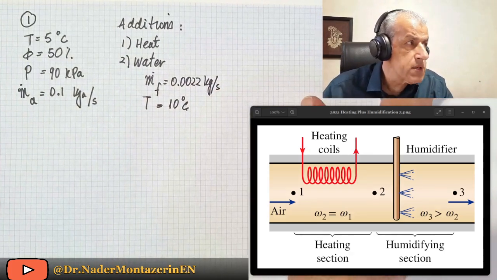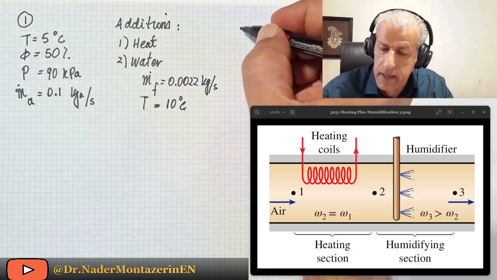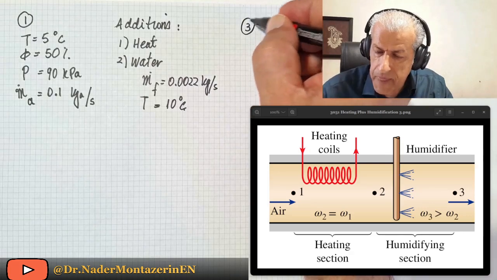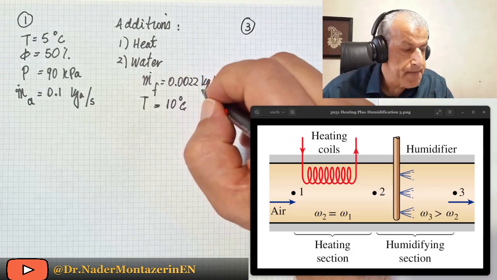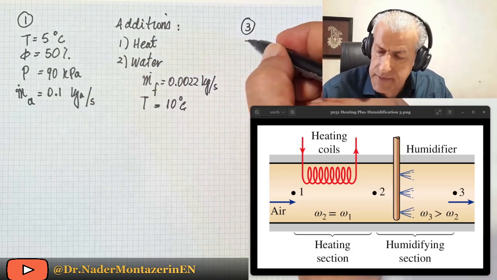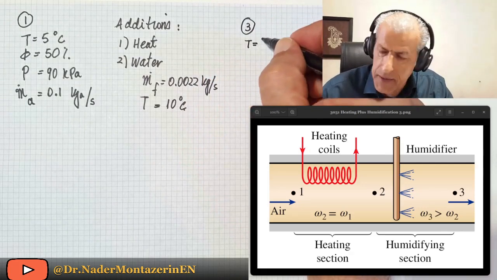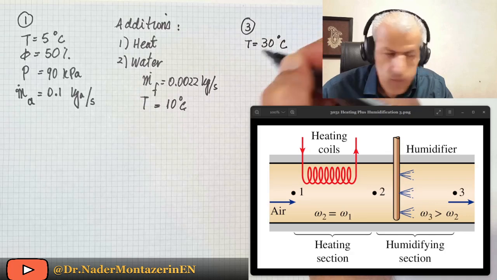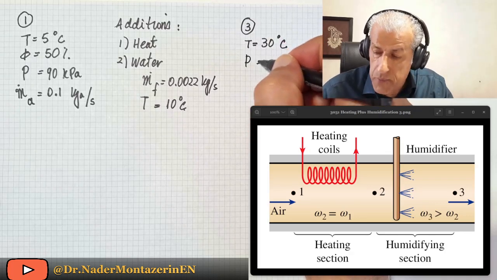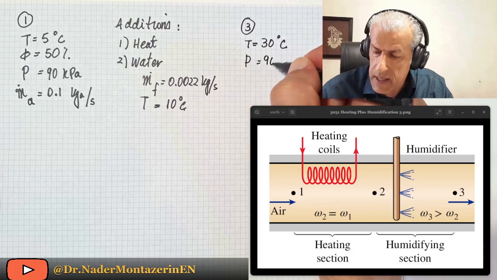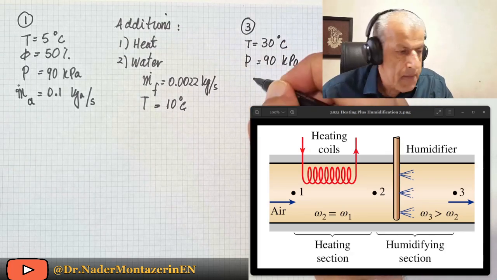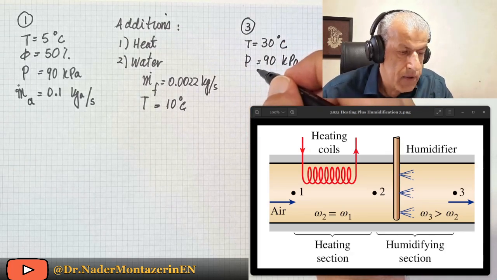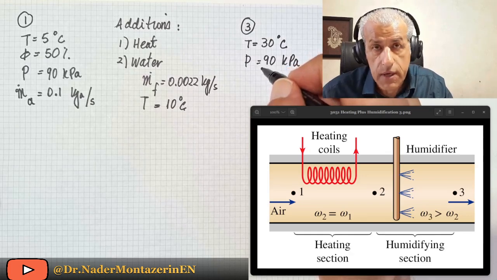Now, what comes out on the other side at 3 is T equals 30 degrees C. Pressure is, of course, still 90 kilopascal, and we don't know the rest.